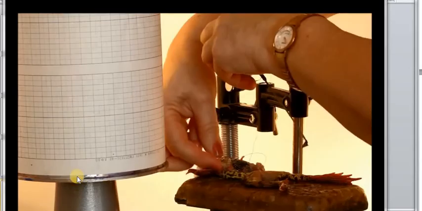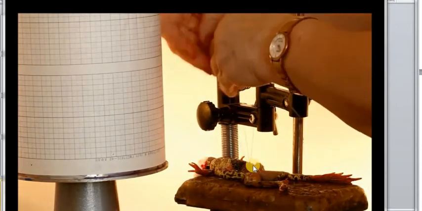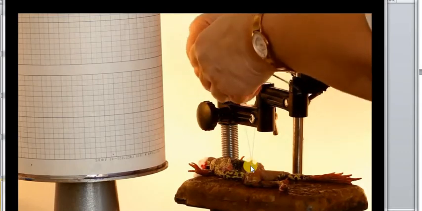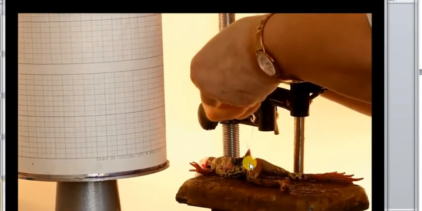Now I want to show you the difference in the work of skeletal muscles and smooth muscle. We take the part of the digestive system of the frog. It is the smooth muscle.